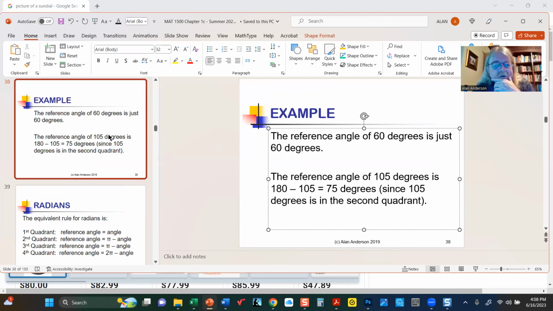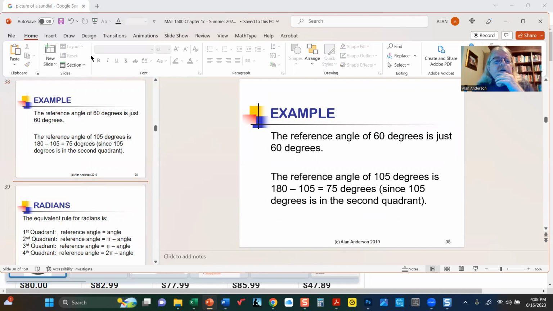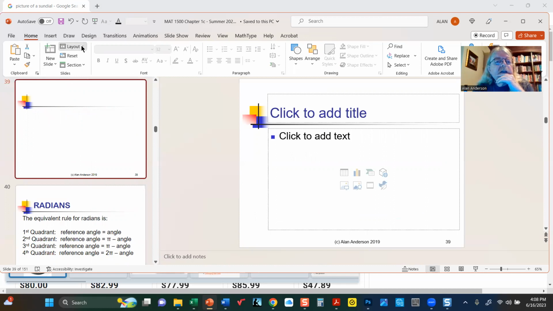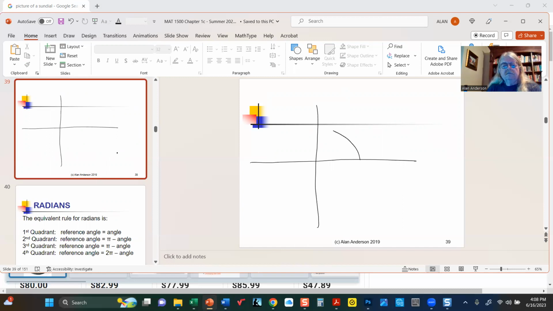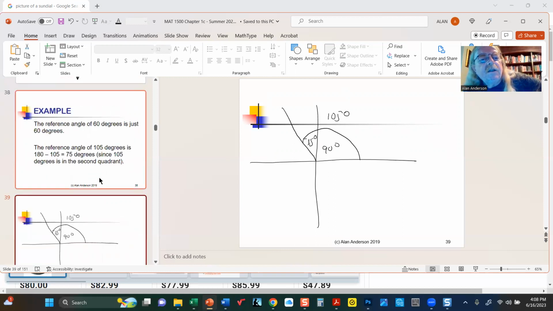The key to the whole thing here is that 105 is in the second quadrant. So let's take a look at it and see if we can reason it out. What they're saying here is that the reference angle is 75 degrees.